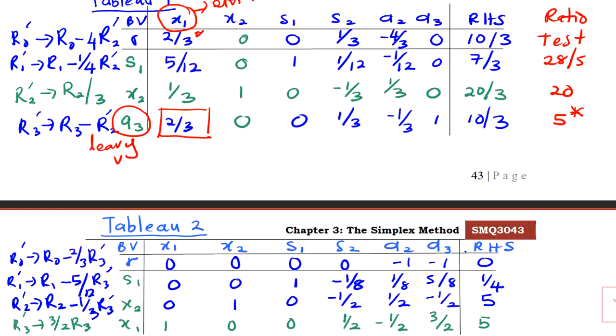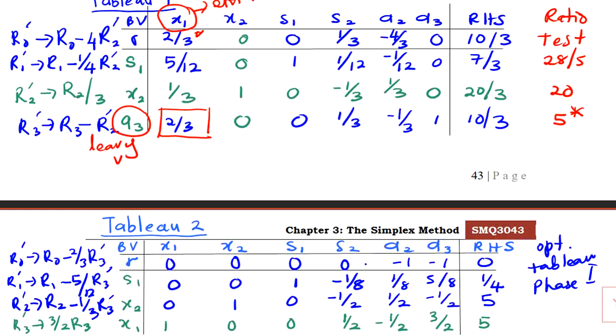So from tableau 2 we can see that this is the optimal tableau for phase 1, because there is no more positive coefficient in row 0.